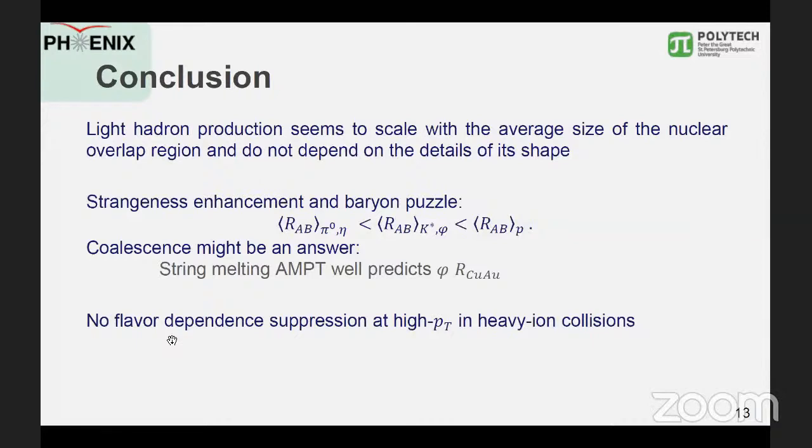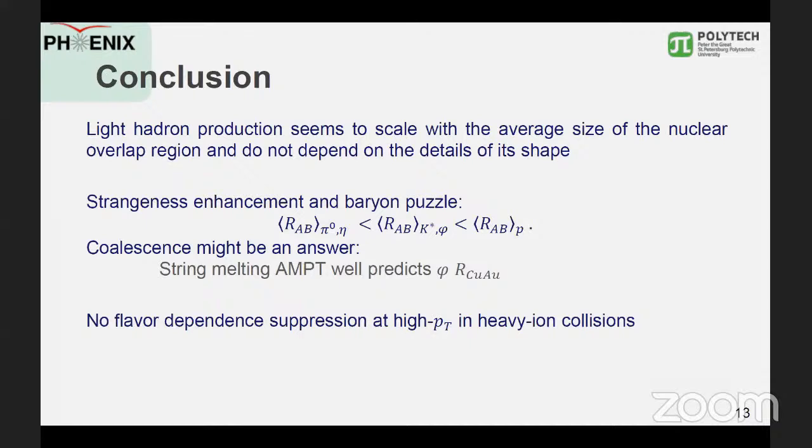Let me summarize the talk. Firstly, light hadron production seems to scale with the average size of the nuclear overlap region and doesn't depend on the details of its shape. Also, in heavy ion collisions, strangeness enhancement and the baryon puzzle are observed.